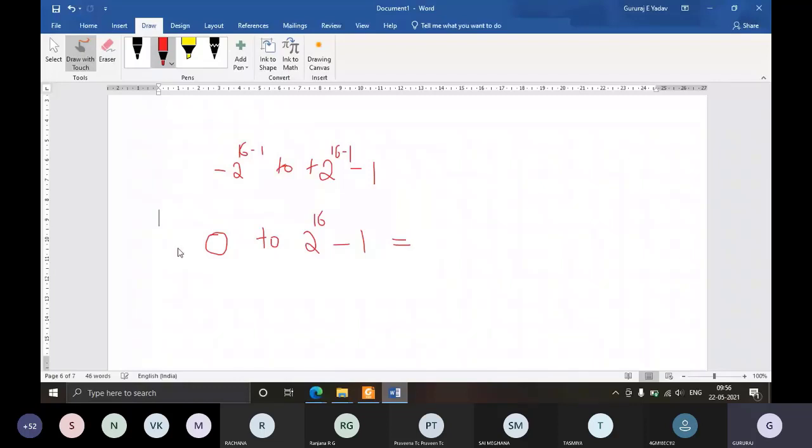Can anyone tell me the value? 0 is the minimum value because we are talking about unsigned numbers, no negative values. 0 to 2 power 16 minus 1. Can anyone tell me what is the value?